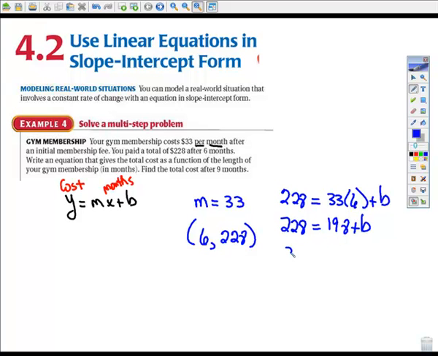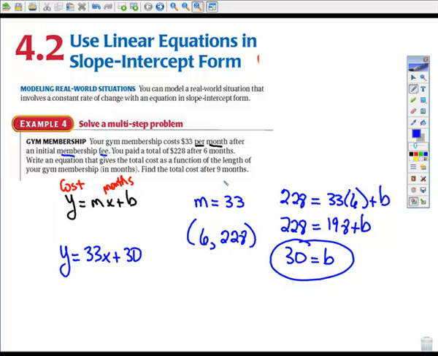When I subtract the 198, I get a 30. So that's my y-intercept. And in fact, that's how much that initial membership fee, the initial anything for the line, is the y-intercept. So y equals 33x plus 30. So there's the equation.